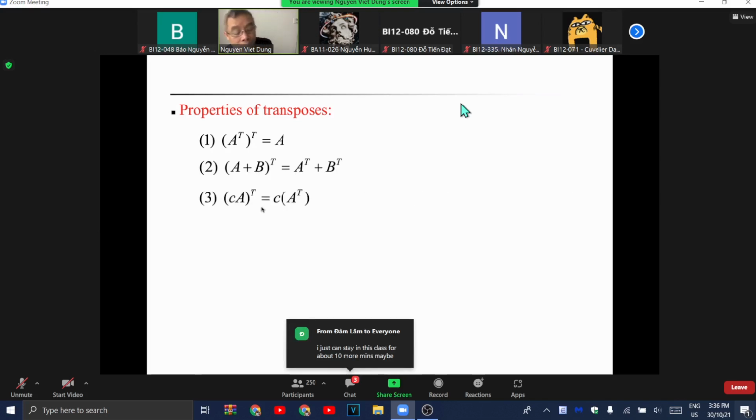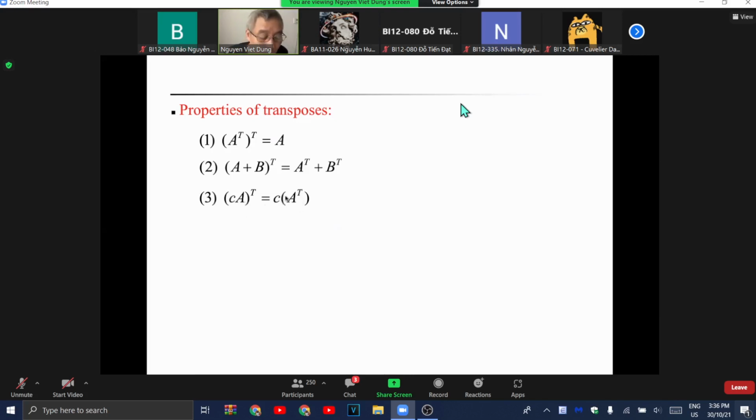And if we take the transpose of a scalar multiplication, you get A transpose multiplied by the same number C. But the last one, (AB) transpose equals B transpose multiplied by A transpose.